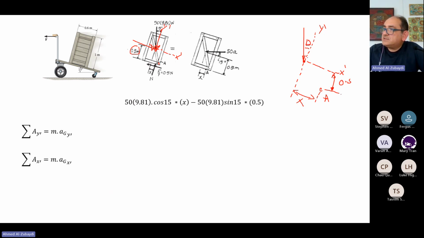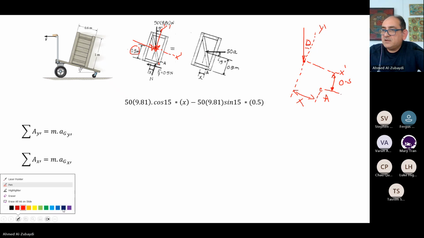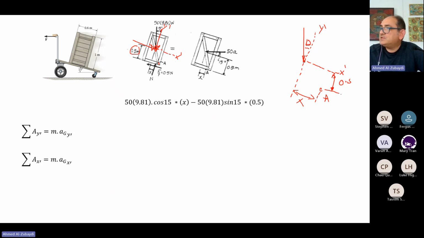This force, let me change the color of the pen now, is going to have first this component going downward. So define the moment according to this direction. I'm going to multiply the weight by the cosine of theta, and then multiply by distance x. And this will take it to the clockwise direction.